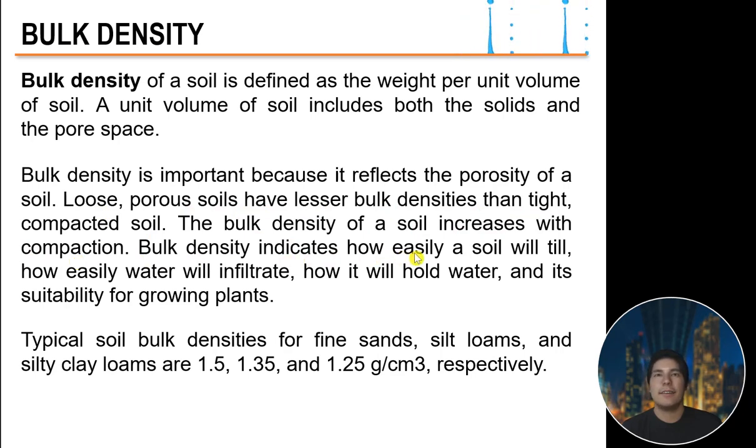Bulk density indicates how easily a soil will till, how easily water will infiltrate, how it will hold water, and its suitability for growing plants. Okay? So ganun yung importansya ng bulk density dito sa irrigation engineering. Typical soil bulk densities for fine sand, silt loam, and silty clay loam are 1.5, 1.35, and 1.25 grams per cc respectively.